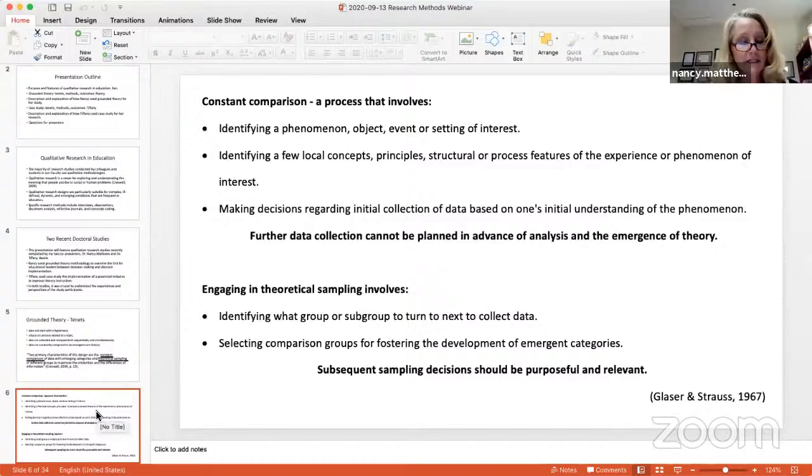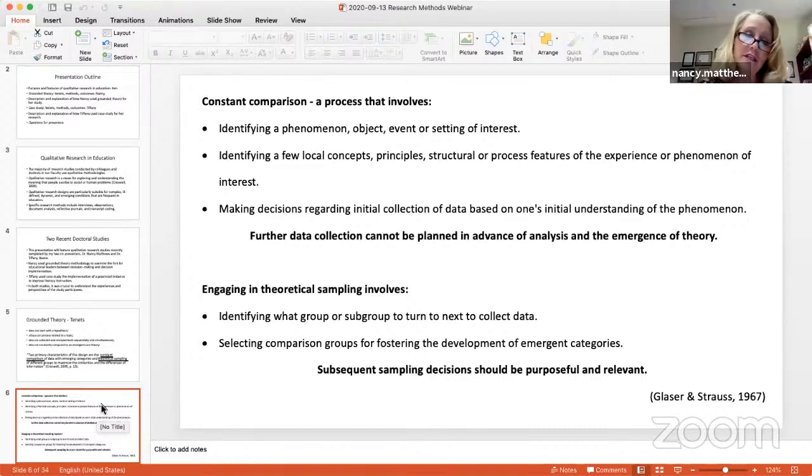So with that in mind, digging deeper into constant comparison and theoretical sampling, and this is through Glaser and Strauss, as you can see here, with constant comparison, the process involves identifying a phenomenon, object, event, or setting of interest, identifying a few local concepts, principles, structural or process features of the experience or phenomenon of interest, and making decisions regarding initial collection of data based on one's initial understanding of the phenomenon.